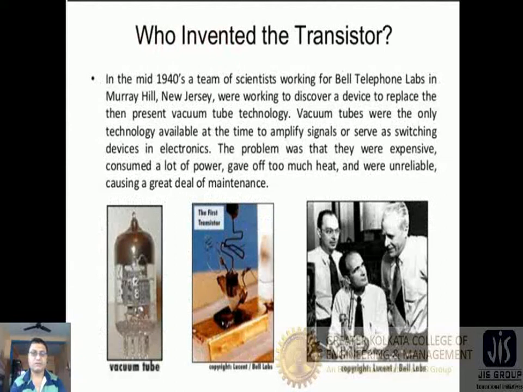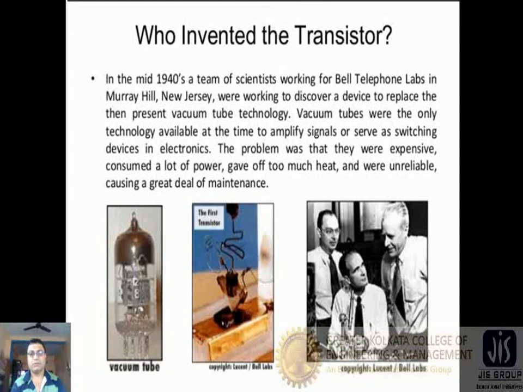So first, transistor discovery. In the mid 1940s, a team of scientists worked for Bell Telephone Lab in Murray Hill, New Jersey, to discover a device to replace the present vacuum tube technology. Vacuum tubes were the only technology available at the time to amplify signals or serve as a switching device in electronics.